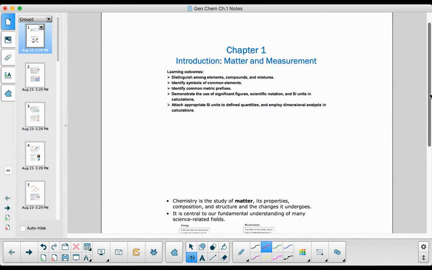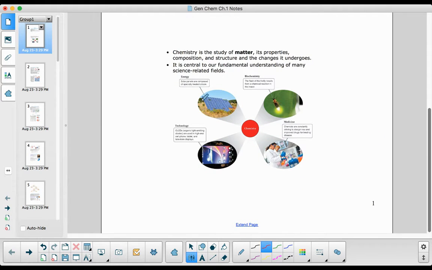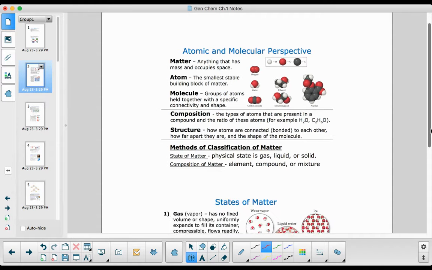So I'm going to highlight the things that I think you should spend most of your time with. Really just what is chemistry, study of matter. Most of you have taken a chemistry course before and know all of these basics and the definitions of matter, atom, molecules, composition, structure, methods of classifying matter.